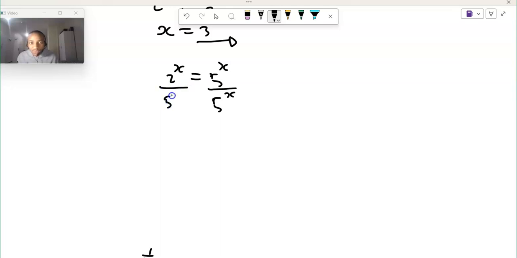So we'll get 2 to the power x divided by 5 to the power x, and on the other side you get 5 to the power x divided by 5 to the power x.